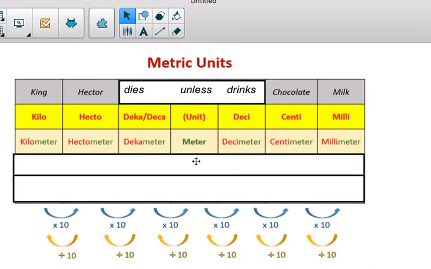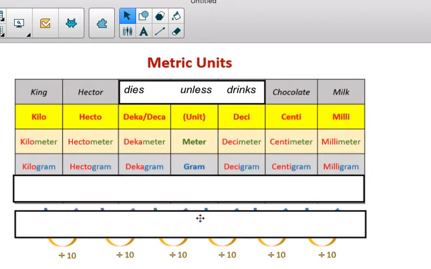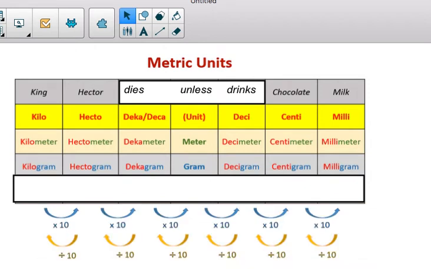Now, the unit we will be working with today as well would be the gram, and this is for weight. So once again, I never heard about decagram or hectogram. However, definitely using kilograms.